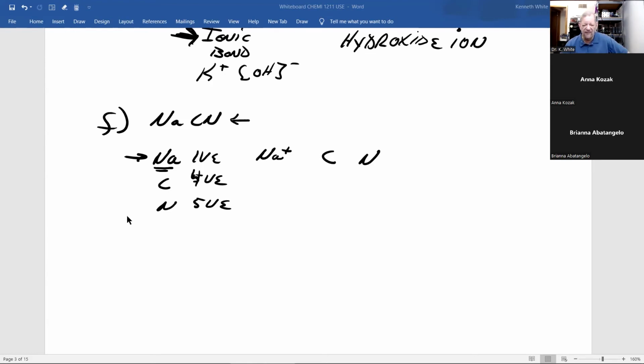So we have carbon, we have 4 valence electrons because we looked at the periodic table. Nitrogen has 5. Now, if you look at nitrogen, it has 1, 2, 3 unpaired electrons. Carbon over here has 1, 2, 3.